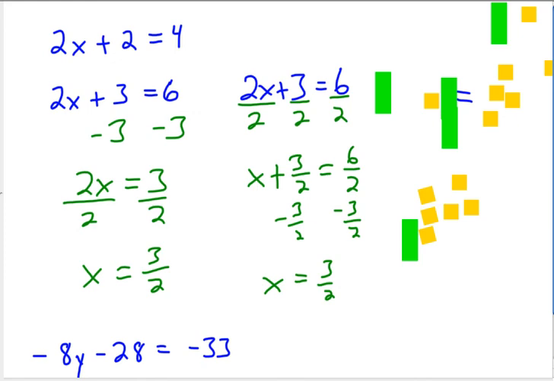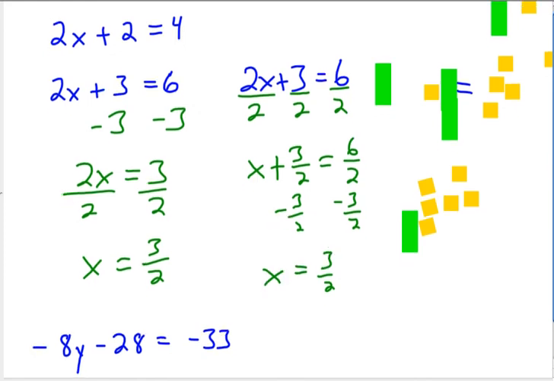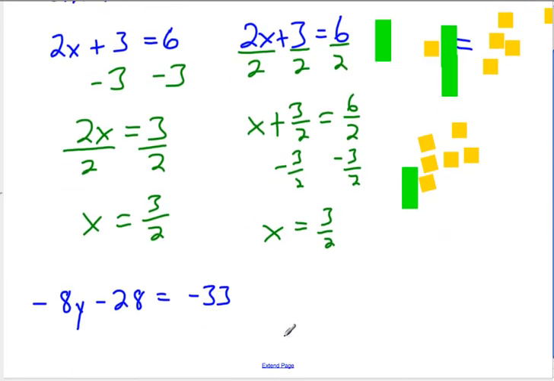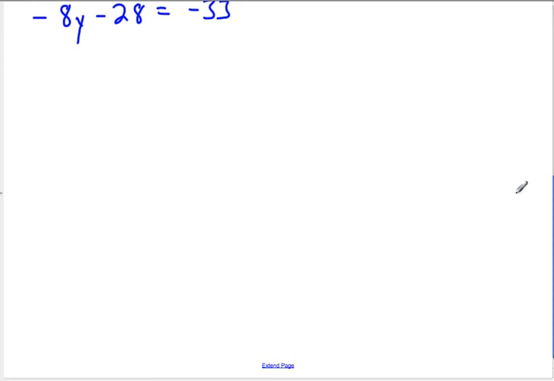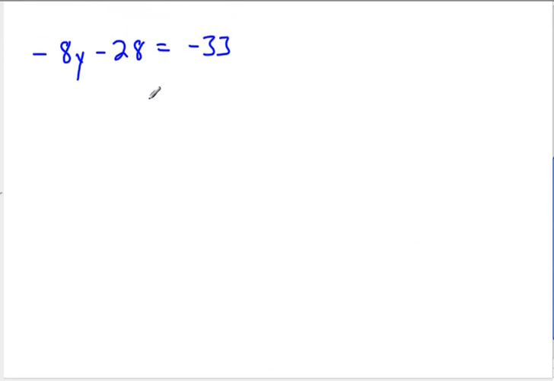Okay, let's move on. So from now on, when I do my examples, I'll most likely be doing the subtraction or addition first. So here I'm going to add 28 to both sides. So I end up with negative 8y equaling negative 5, it looks like. Negative 33 plus 28 is negative 5.